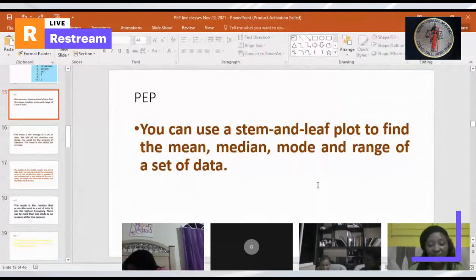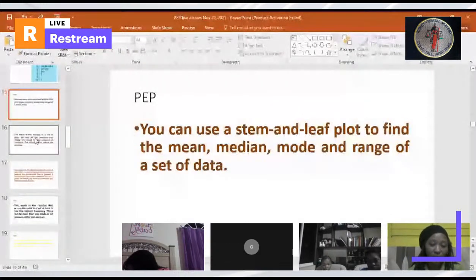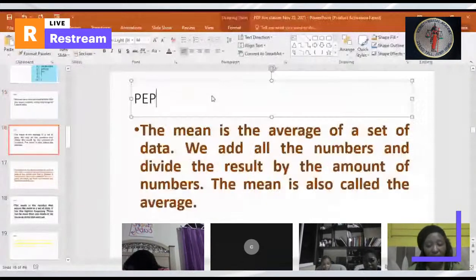Remember, I told you this comes under the topic of statistics, and these are statistical terms: mean, median, mode, range. So I'm going to just remind you, for those who already know, and for those who are not aware, I'm going to explain what we mean by these terms.